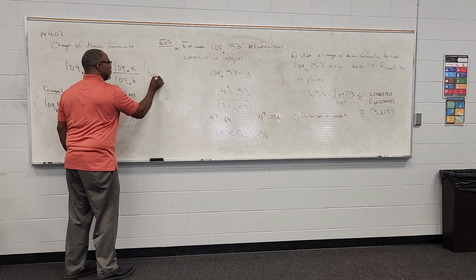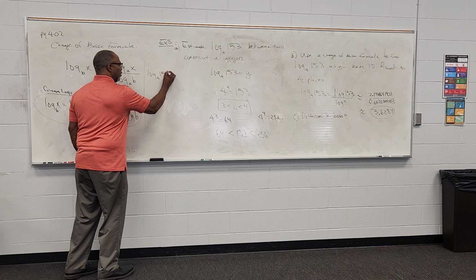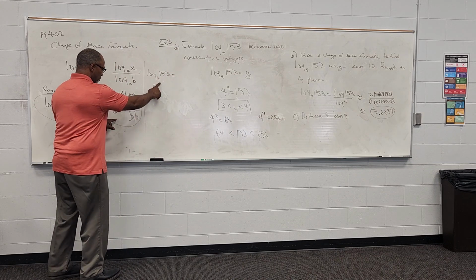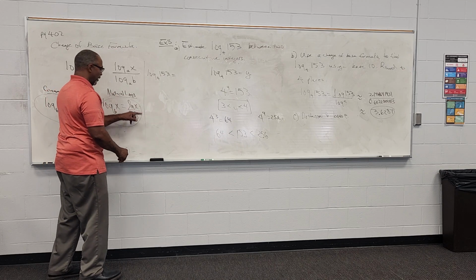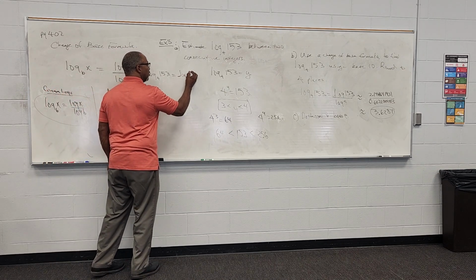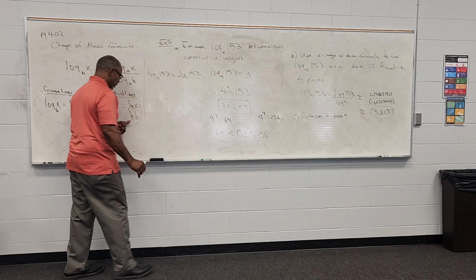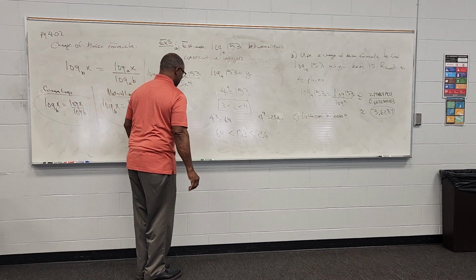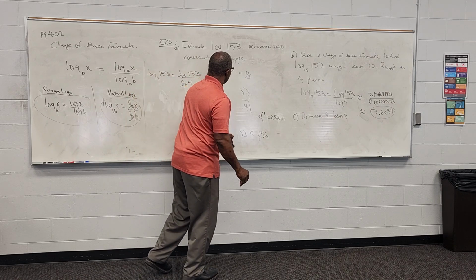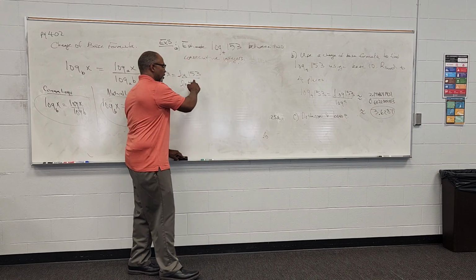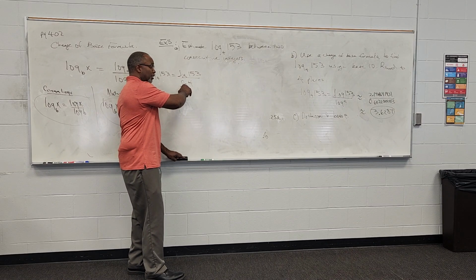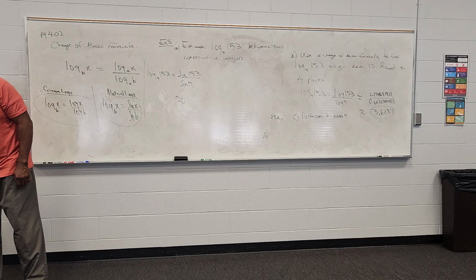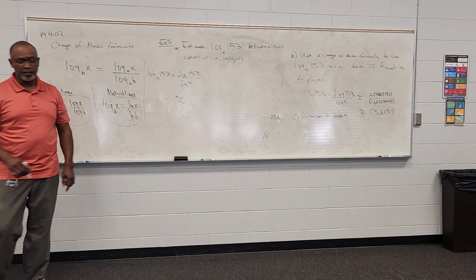Log to the base 4 of 153 equals, and again, the b is a 4, the x is a 153, so ln of 153 divided by ln of 4. Take your calculator and do that. It'll be the same type of process. You can do ln of 153 on your calculator, you can do ln of 4 on your calculator. Divide those two numbers and round to 4 places.